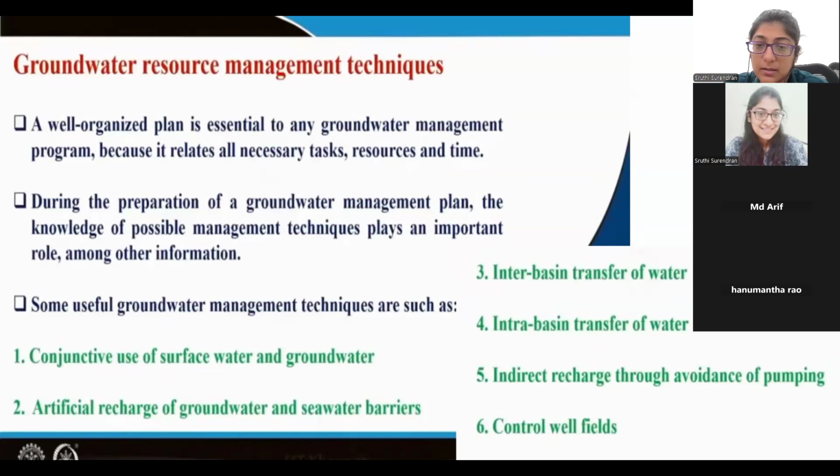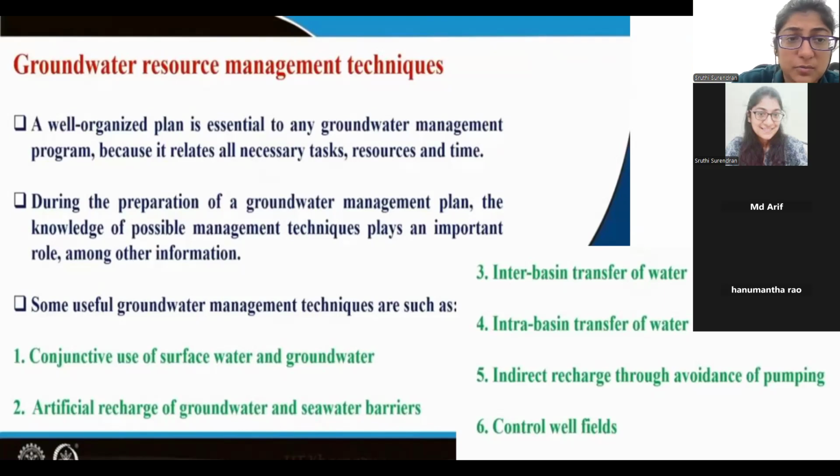Seawater barriers are another technique. Interbasin transfer, intra-basin transfer, indirect recharge through avoidance of pumping. So one indirect recharge technique is when aquitard leakage is occurring. Another one is when you don't pump water itself, the water is going to get accumulated and it is going to recharge. And the other technique is control well fields. We'll go into the 3rd, 4th, and 6th one in detail.